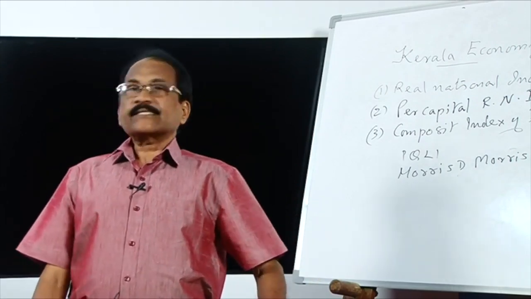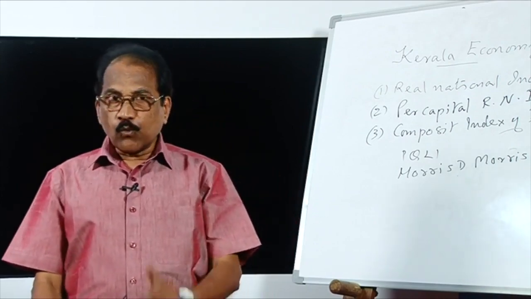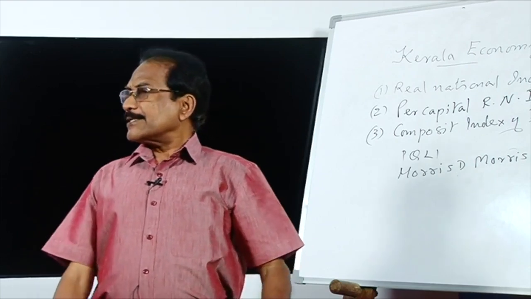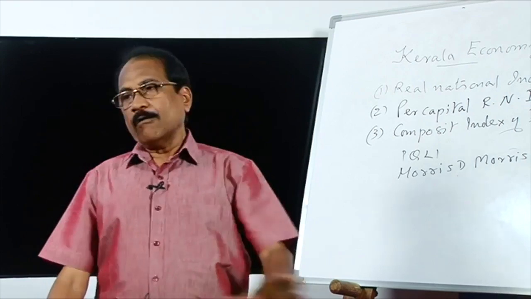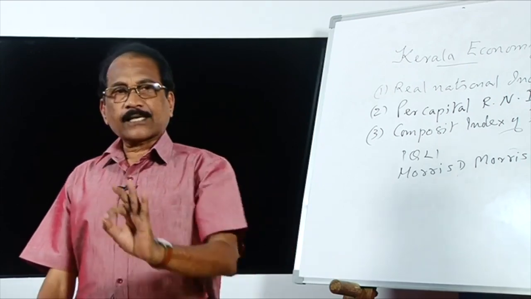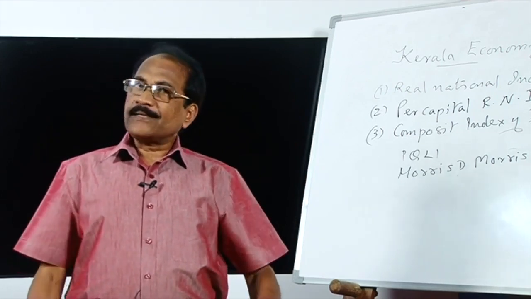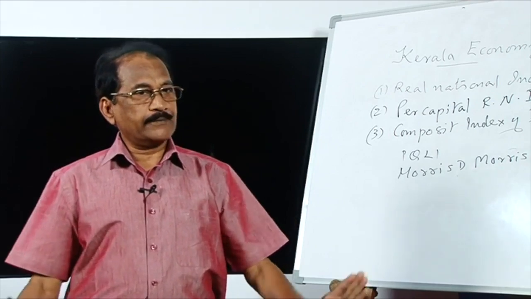Wide studies were made. All the reports came to one conclusion, irrespective of the country or university where the research was conducted. The conclusion was: the higher the per capita real national income of a country, the higher is the PQLI.